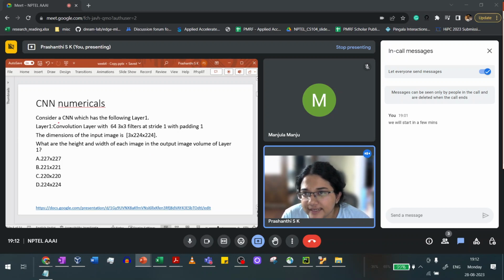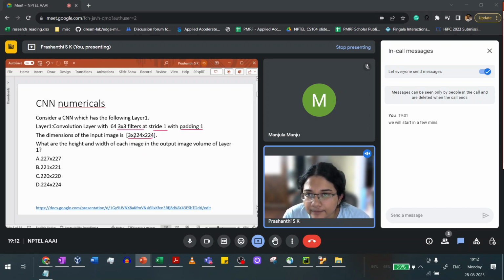So this question says, consider a CNN which has the following layer, which is a convolutional layer with 64 3x3 filters at stride 1, padding 1. The dimensions of the input image is 3, 224, 224. What are the height and width of each image in the output image volume of layer 1?